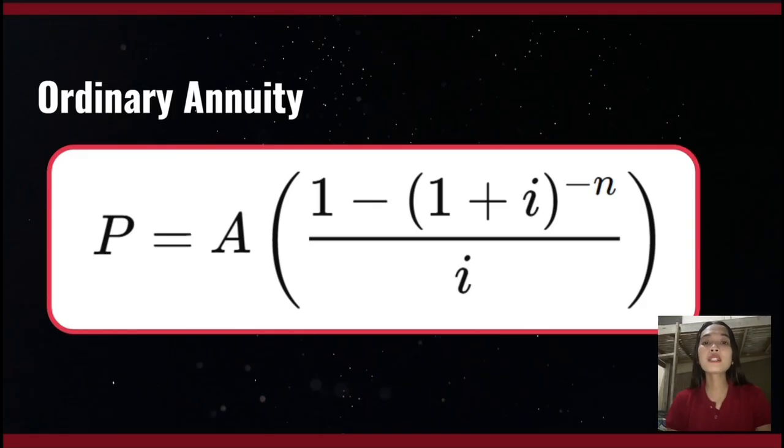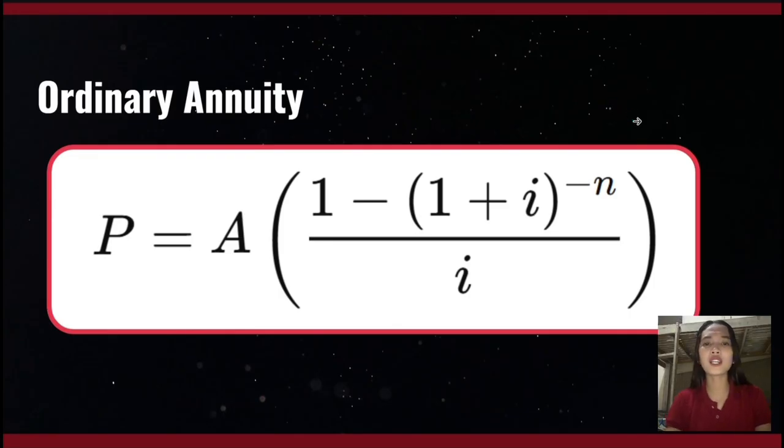So this formula works when there is a start and an end to the payment. But what if the payments don't stop, or what if they go on forever? That brings us to the perpetuity, right? So let's look at its formula.